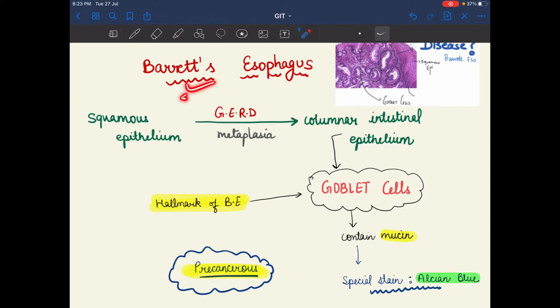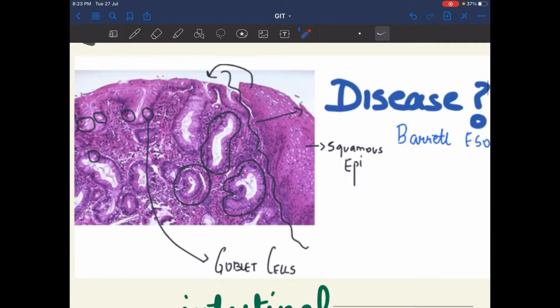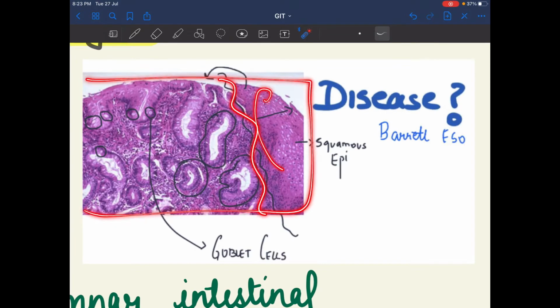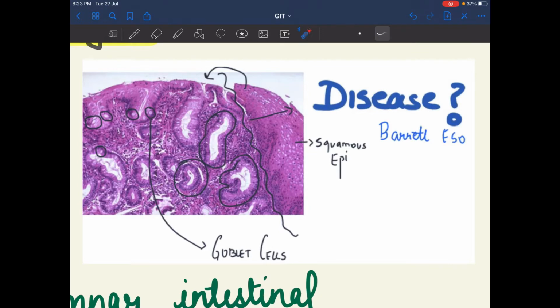And how do we find Barrett esophagus on microscopic examination? Please look at this. We can divide this microscopic image into two parts like this. This is the normal squamous epithelium, and this one is columnar intestinal epithelium, in which we see these glands with the presence of these white particles.